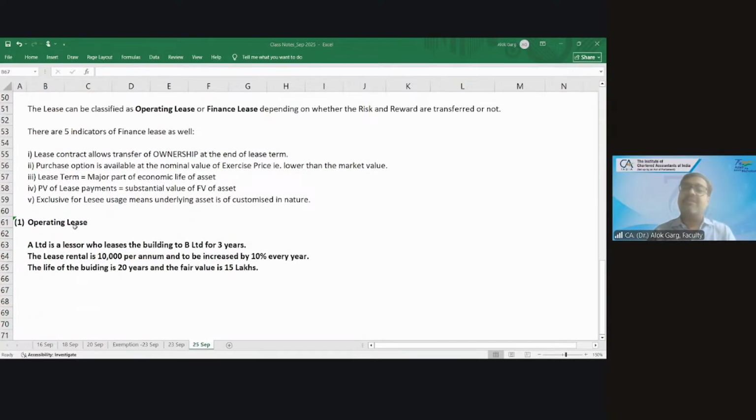What is the classification and accounting in the case of a lessor?